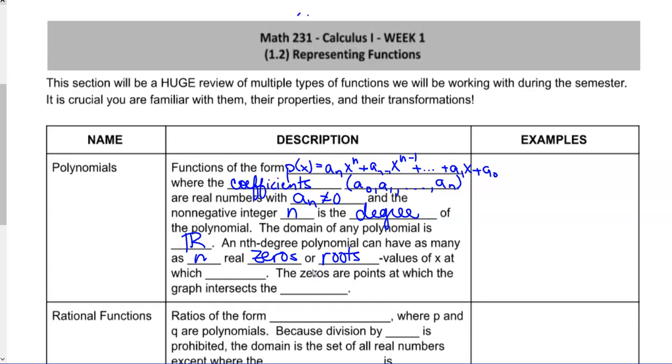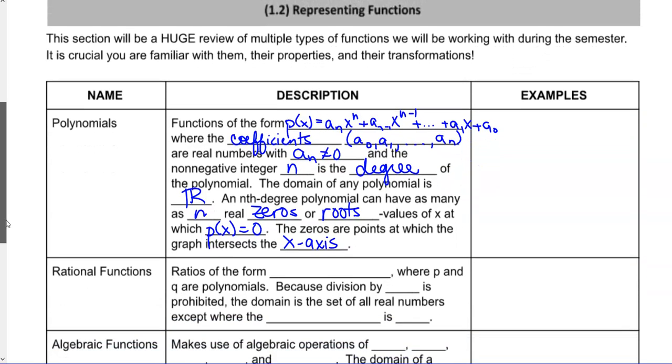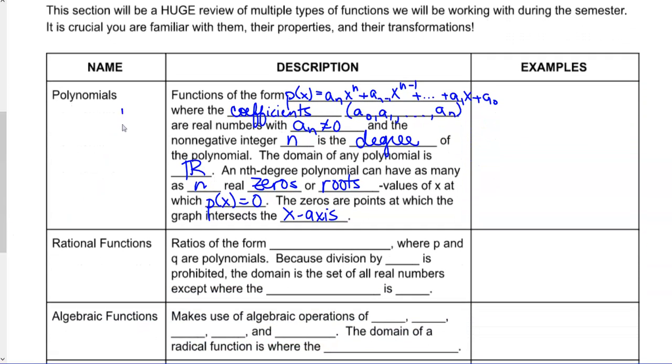And those zeros and roots are values of x at which p of x is equal to 0, and the zeros are the points at which the graph intersects the x-axis. I was going to say that earlier, but I'm giving it away before I get there. So if I have a parabola and it does something like this, then here are the roots and the zeros. That's where they cross the x-axis.